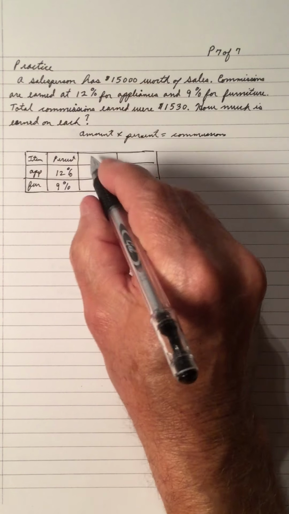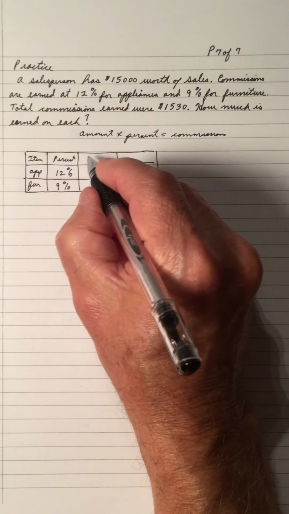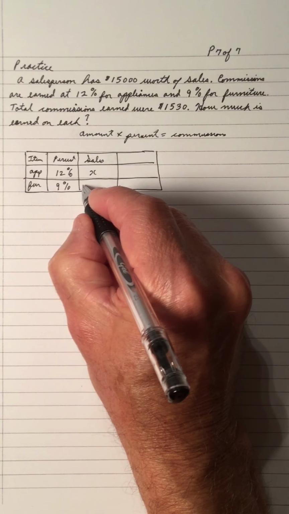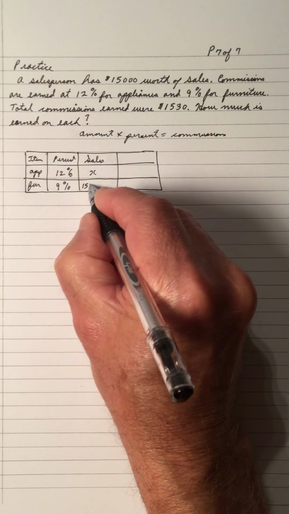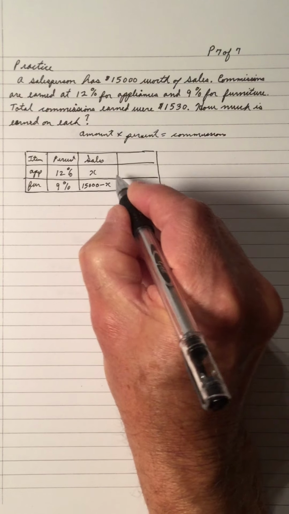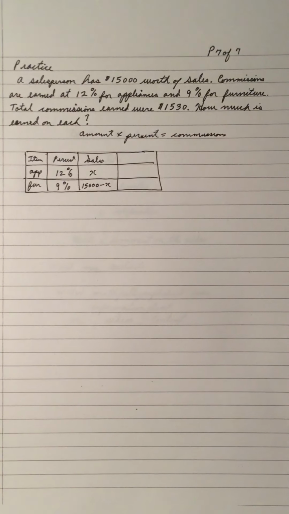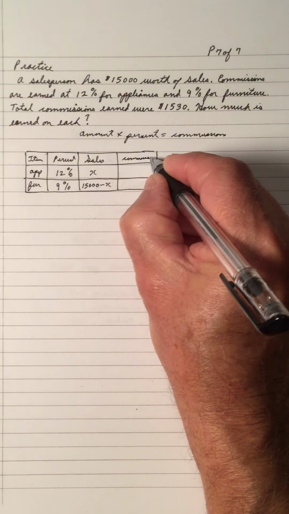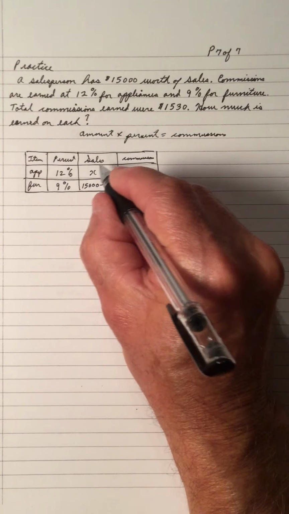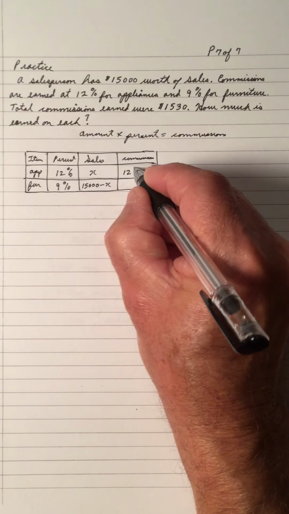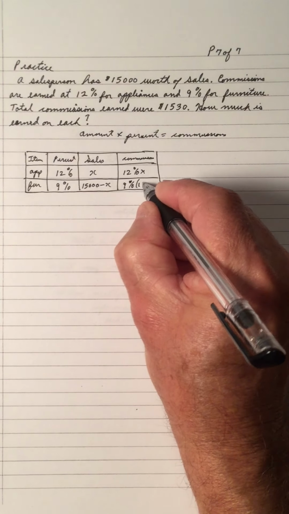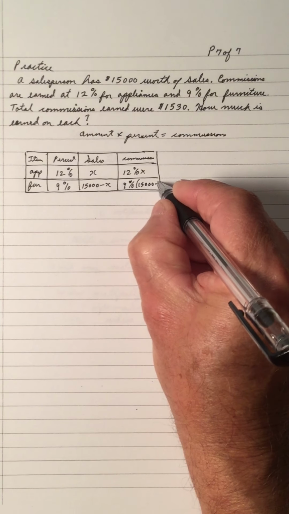We sold $15,000 in sales. We call one X, then the other one is 15,000 minus X, same as with putting money in bank accounts for investments. Instead of interest, we call it commissions, the amount earned. The commission is the sales times the percent, so it's 12% times X, and 9% times 15,000 minus X.